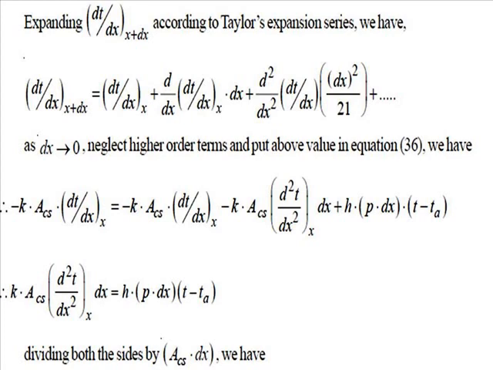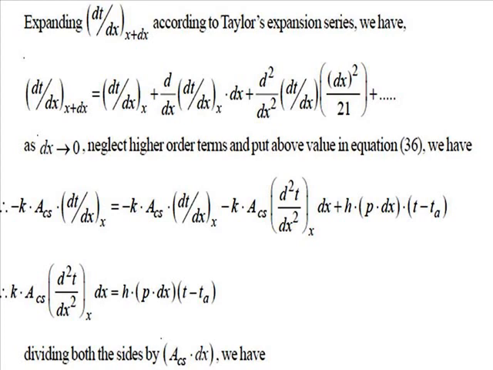So from equation number 36, we will get minus kA dT/dx at x, equals minus kA dT/dx at x, minus kA d²T/dx² into dx, plus h into area, that is P dx, into (T minus Ta).